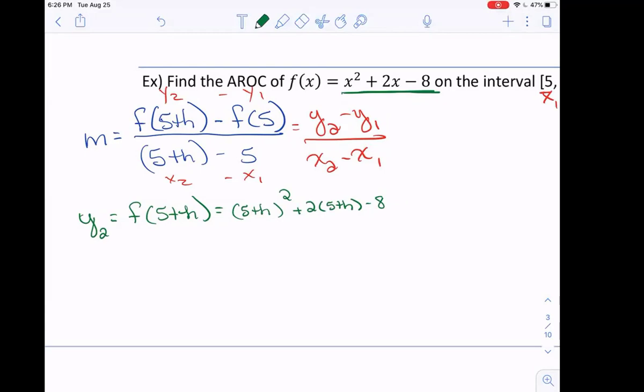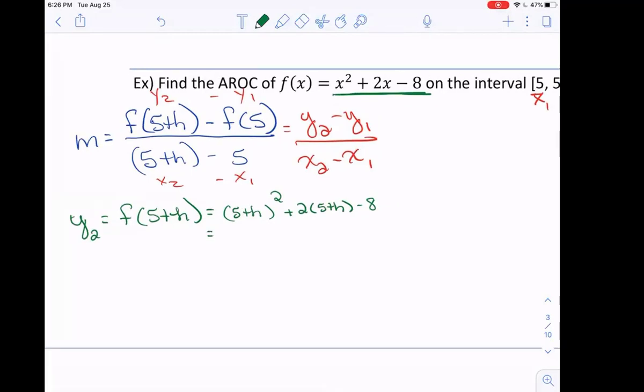So we can simplify this if we expand the 5 plus h squared. Just this first part here, we would get 25 plus 10h plus h squared.